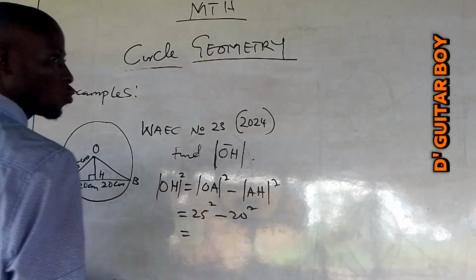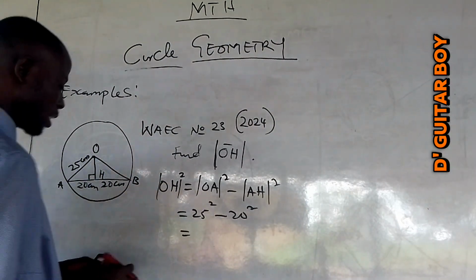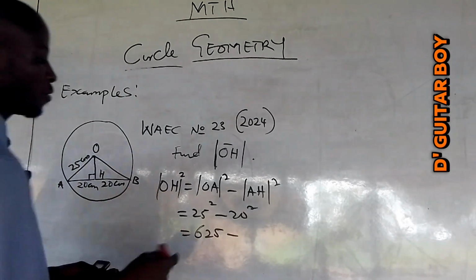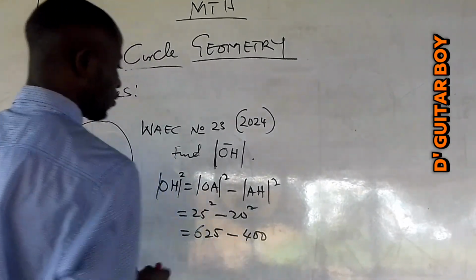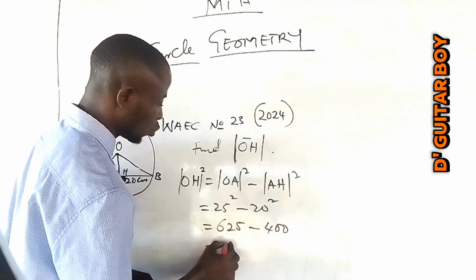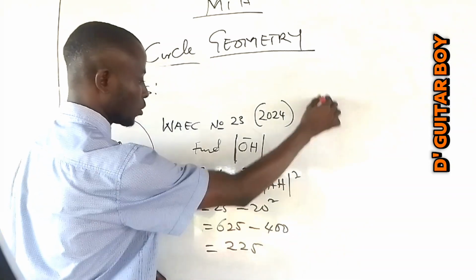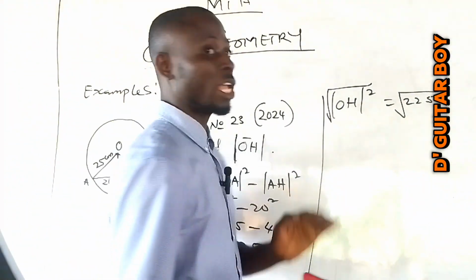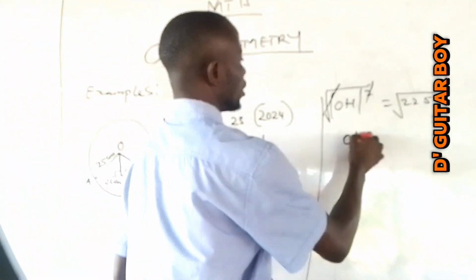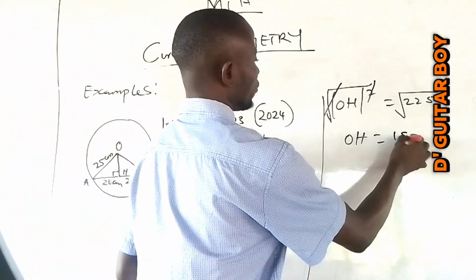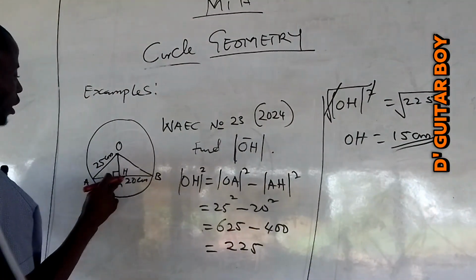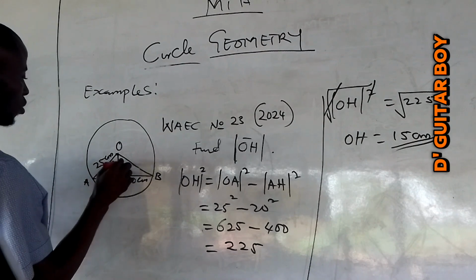So 25 square will give you 625. 20 square will give you 400. So 625 minus 400 gives you 225. When you take the square root of both sides, the square cancels the square root. You have OH equal to what? 15 centimeter. So which means OH, that's the distance from here to here, is equal to what?